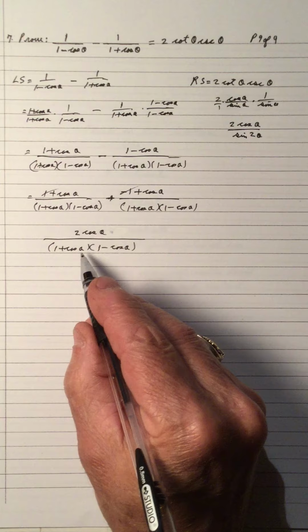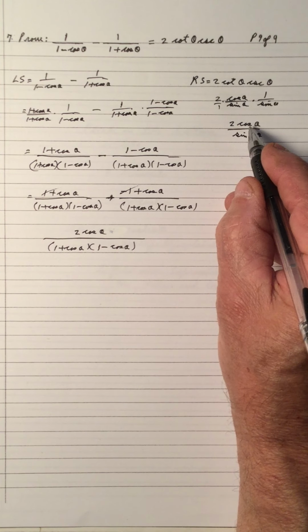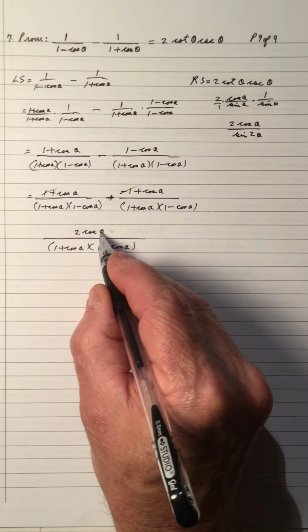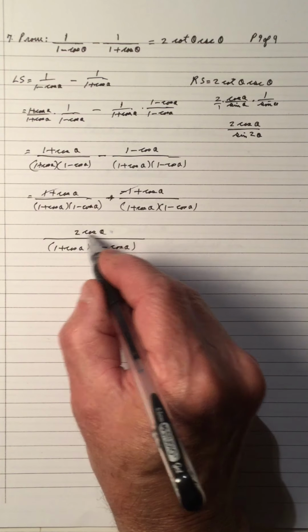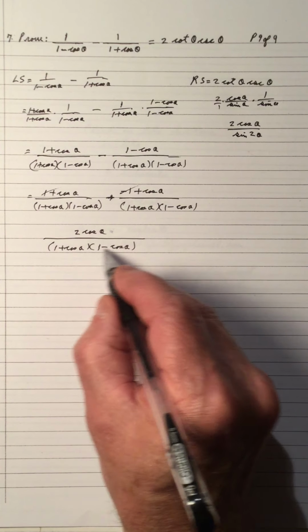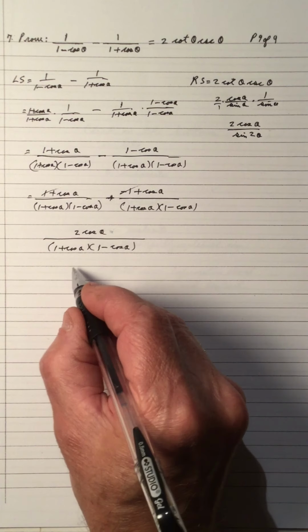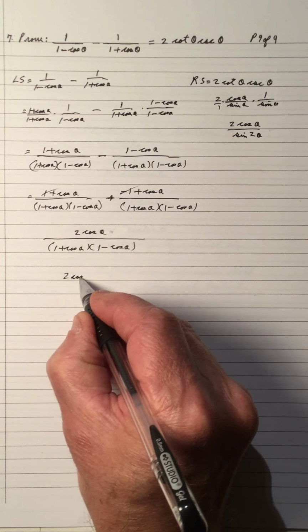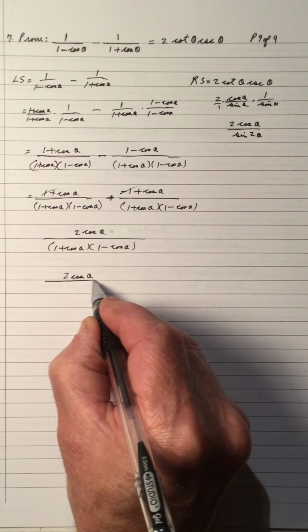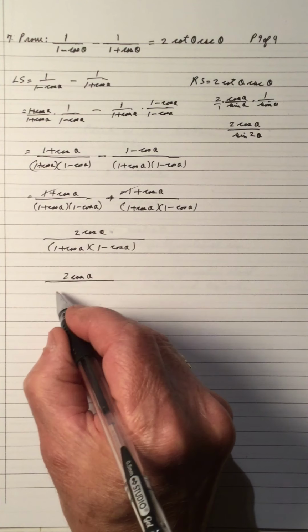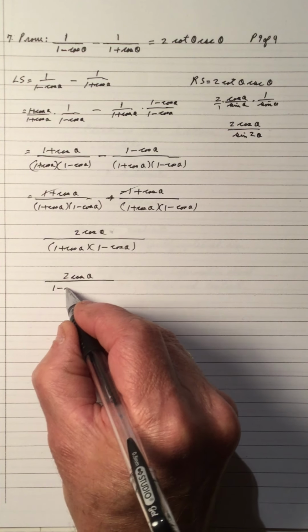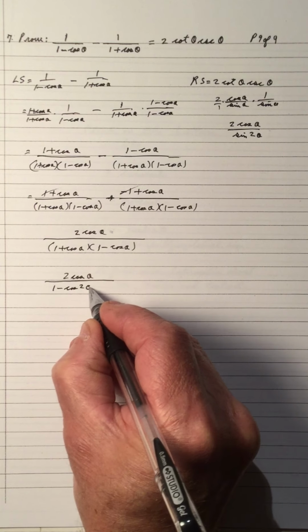Okay, you look over here and you say, that's 2 cos, and that's 2 cos, so that numerator is the same as this one, so this product has to be the same as that. So we look and say, well, if we multiply these two, we will get 1 minus cos squared.